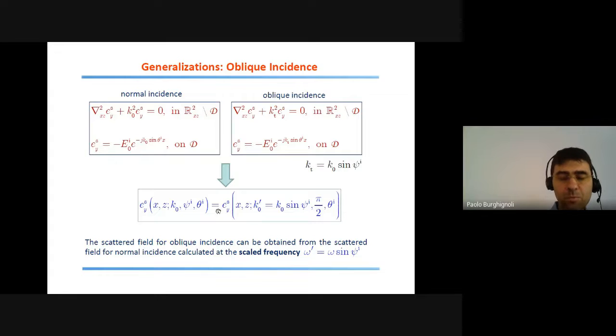And by the above considerations, this must be also equal to the scattered field for the wave number k0 and oblique incidence, that is the left-hand side in the box.